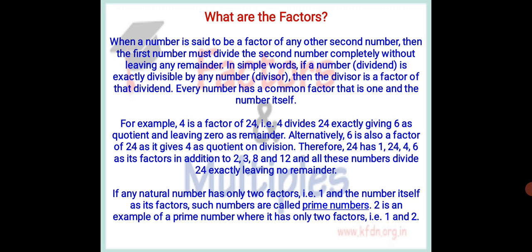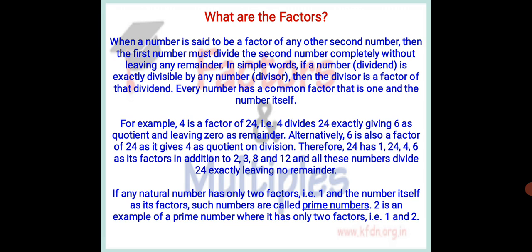Every number has a common factor, that is 1 and the number itself. So, what is to be remembered? Every number has a common factor, that is 1 and the number itself.